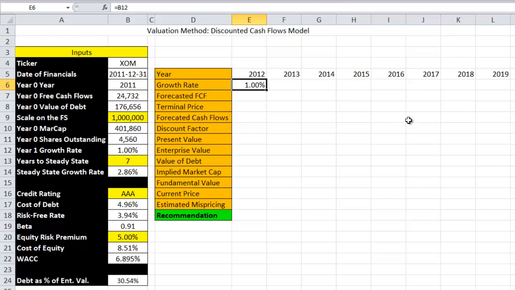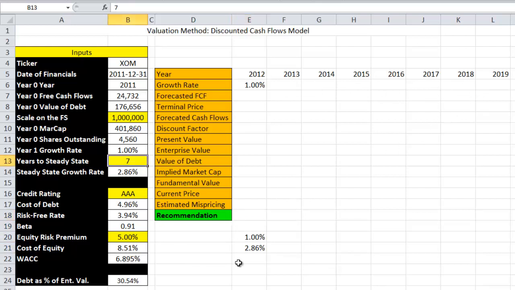So there's our starting growth rate. And then we're going to have an ending growth rate out here that we know is going to be 2.86%. And what we want to do is just gradually build up to that. Let me talk to you about logic for just a second. We need to go from 1% to 2.86%. And if you think about it, we have 1, 2, 3, 4, 5, 6, 7 years to get there.